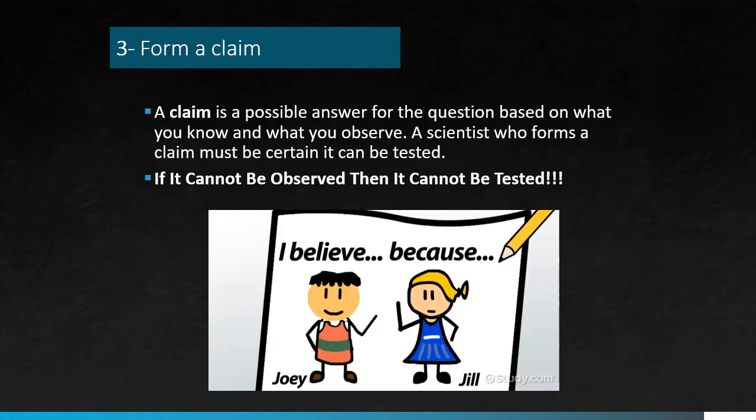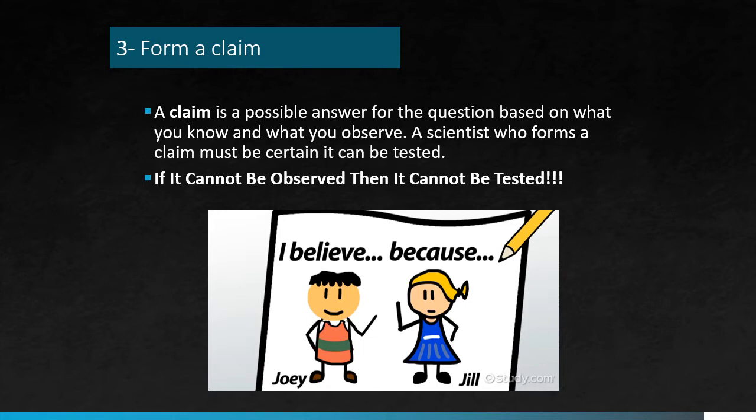Step three is forming the claim. I think I mentioned the definition of the claim before. A claim is a possible answer for the question based on what you know and what you observe. The student or the scientist who forms a claim must be certain that this claim can be tested.